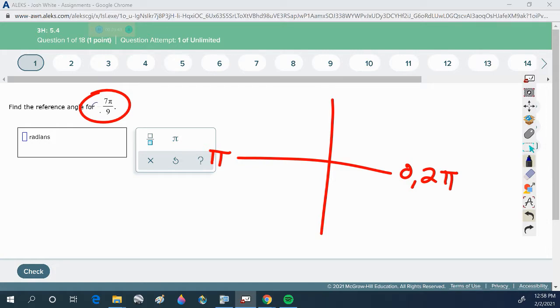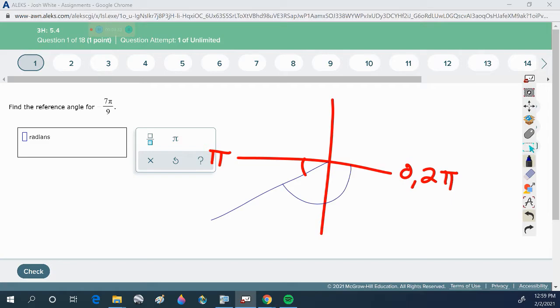We're going backwards, and we're going to do 7/9 of pi, so we don't quite finish the bottom half. How big is the reference angle? How many more ninths does it take to get to pi? 2. And reference angles are always positive. Even if your rotation is negative, the reference angle is always positive. So for this angle, our reference angle would be 2 pi over 9.